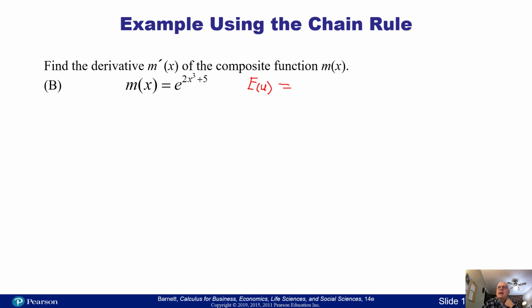This is the outside function, E of u. Nice and simple. And what's u? The internal one has x's in it, alias u, and that's 2x cubed plus 5.